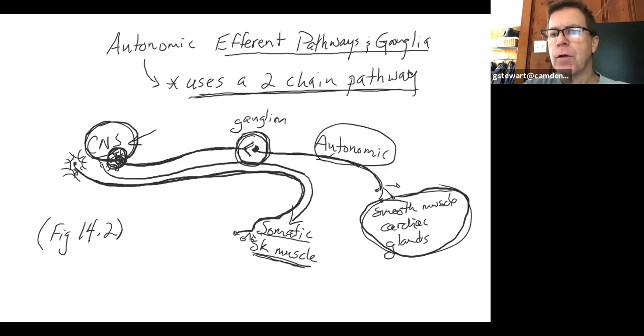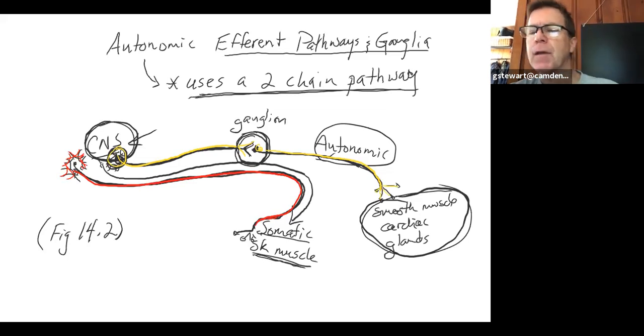Meaning, I first drew this somatic motor neuron, and then I drew this autonomic chain pathway, okay? And figure 14.2 doesn't give you an overall big picture like this, but it's a comparison chart of the similarities, which aren't that many, but mostly differences between the red and the yellow pathways.